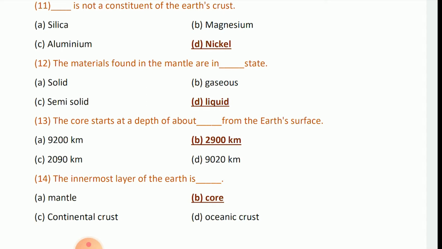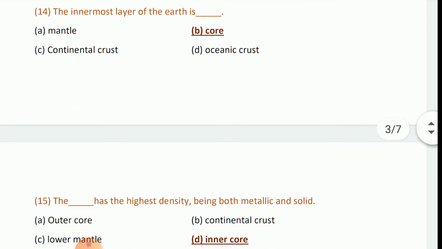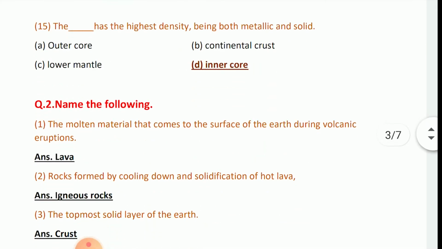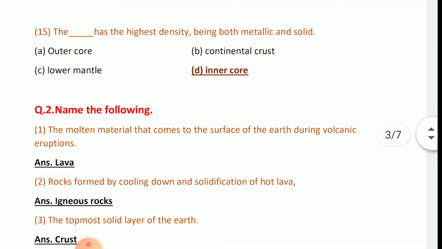The core starts at a depth of about 2,900 kilometers from the earth's surface. The innermost layer of the earth is the core. The inner core has the highest density, and is both metallic and solid.